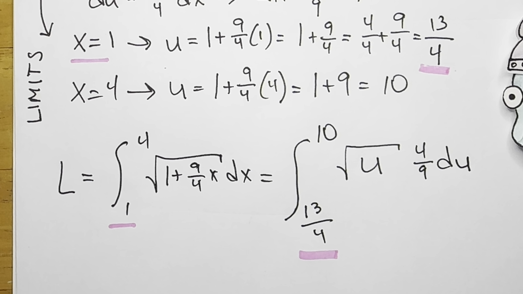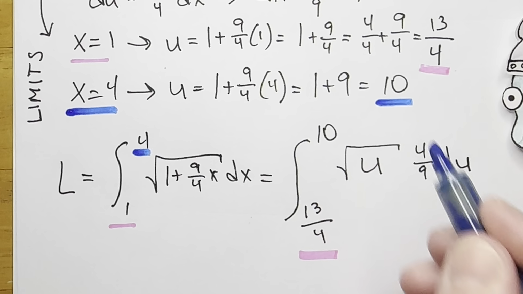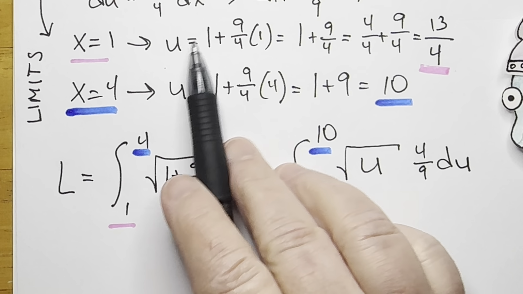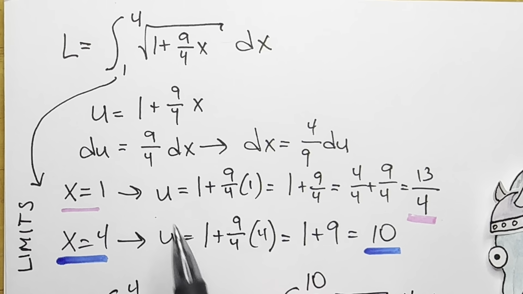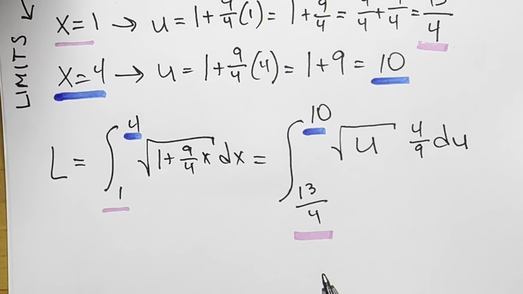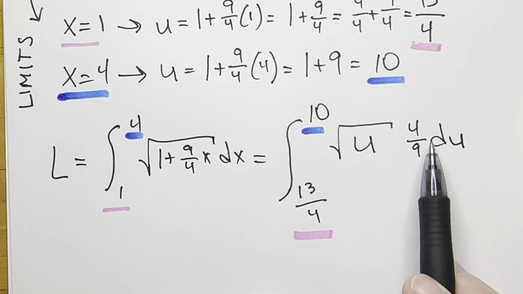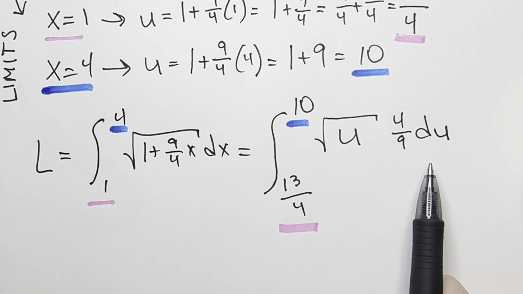And when x was 4, now we have u equals 10, right? So we're converting the limits, and then I'm also using the substitution that u equals 1 plus 9/4 x, which is up here where you can't see it. So I'm going to plug that in right here. And then the dx was equal to 4/9 du. Okay, so far so good.